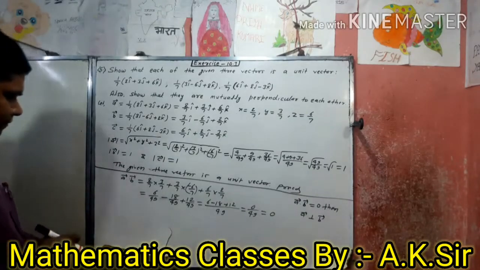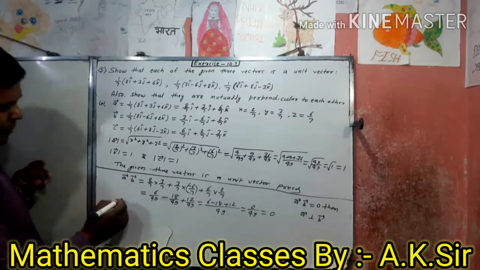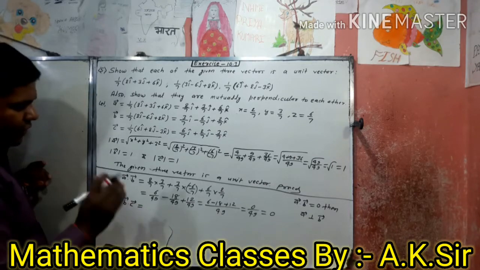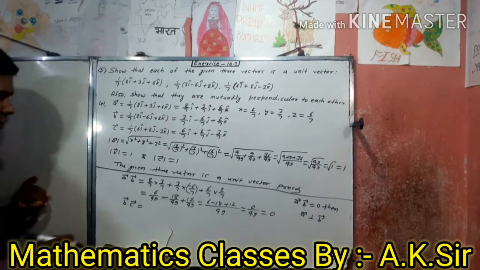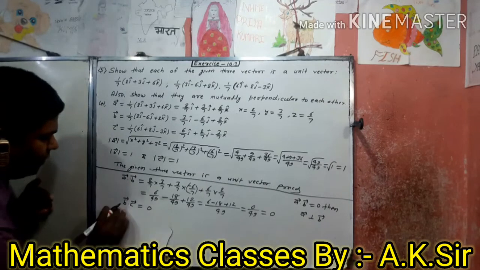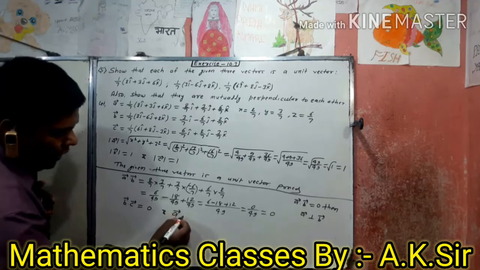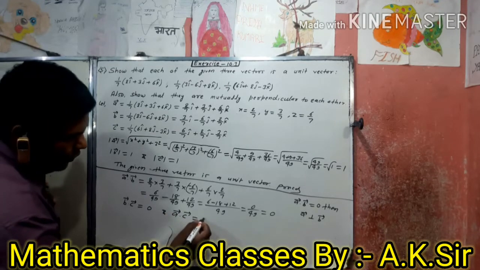If you find b vector dot c vector, then you will also get b vector dot c vector is equal to 0 and a vector dot c vector is equal to 0.